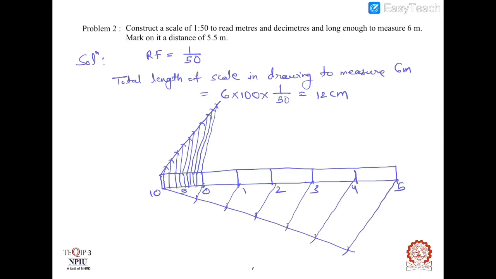How to measure 5.5? Start from here, go to the right up to 5, and for 0.5, 1, 2, 3, 4, 5. Okay, 1, 2, 3, 4, 5.